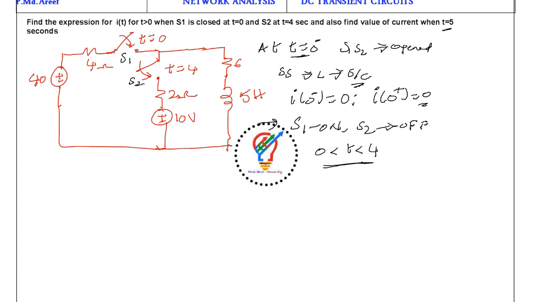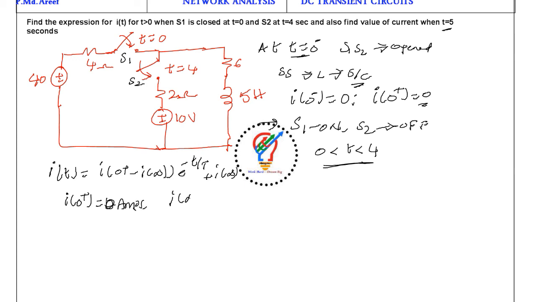For this, we take the formula I of t equal to (I of 0 plus minus I of infinity) into e power minus t by tau plus I of infinity. I of 0 plus we already know: it is 0 amps. And I would like to find I of infinity. How will you find I of infinity? It is in the range of 4 seconds only. Now the inductor acts as a short circuit here.